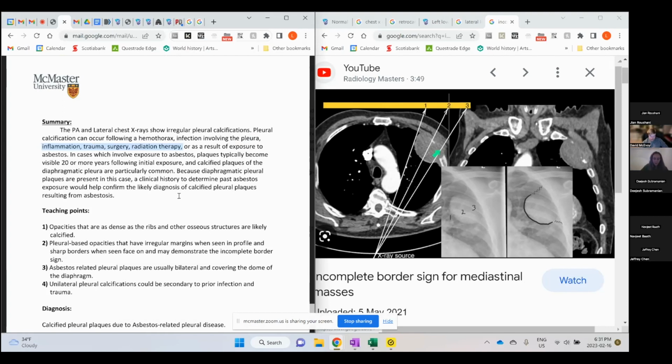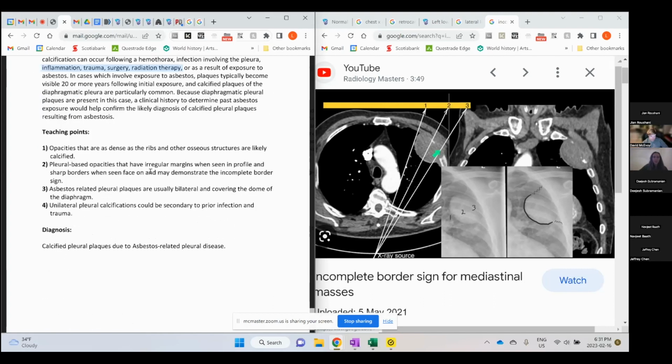Okay, so we have teaching points here to wrap it up. I'll just go over them briefly. Like we mentioned, the density of the opacity does help us, because when something has calcifications or ossification, if it's bone, then it narrows down your differential diagnosis.